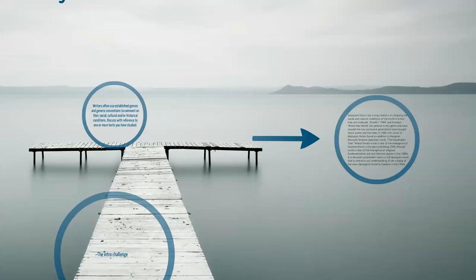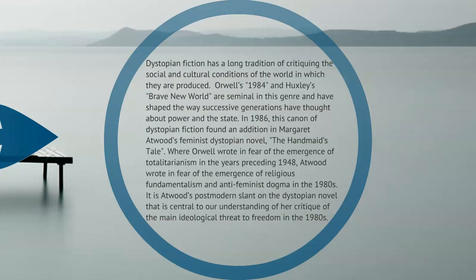And so I came up with this introduction, which is a little bit longer, but I've led with this idea of dystopian fiction. Dystopian fiction has a long tradition of critiquing the social and cultural conditions of the world in which they are produced. Orwell's 1984 and Huxley's Brave New World are seminal in this genre and have shaped the way successive generations have thought about power in the state. In 1986, this canon of dystopian fiction found an addition in Margaret Atwood's feminist dystopian novel, The Handmaid's Tale.